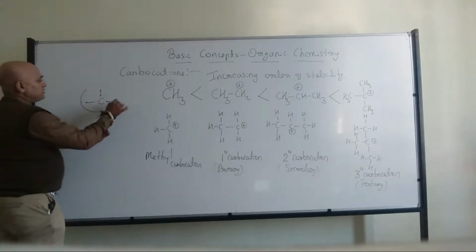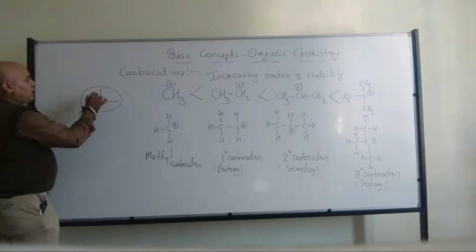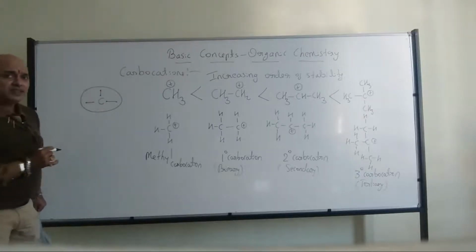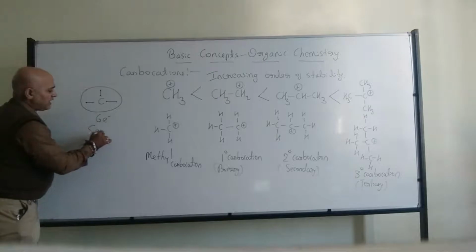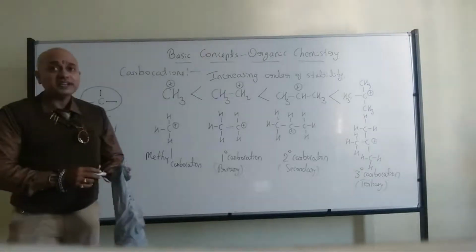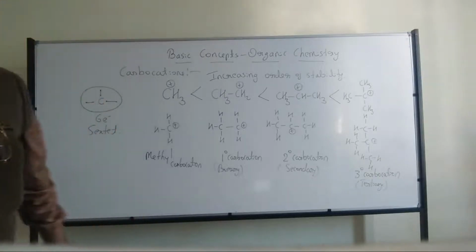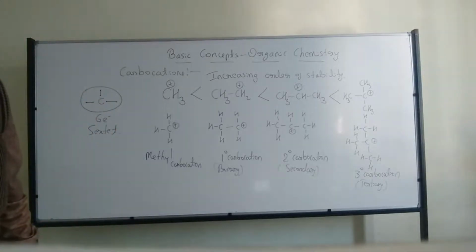So if I go with the Lewis dot structure, how many electrons do they have? Only 6 electrons. That means they are sextet in nature. They are not octet, they are sextet. They don't have the octet nature. So therefore they are unstable.